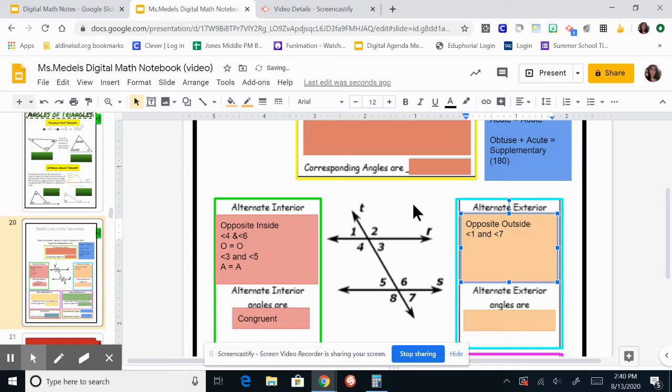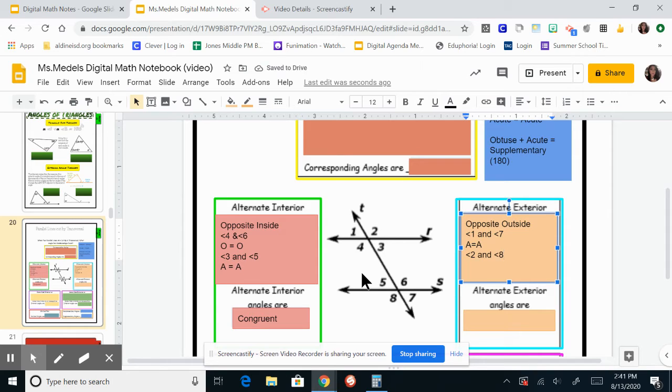Now, if I look at angle 1 and angle 7, I can tell that they are both small angles or my acute angles. So A is going to be equal to A. My other set of alternate exterior angles is going to be angle 2 and the alternate exterior, so what's on the opposite side, would be that angle 8.